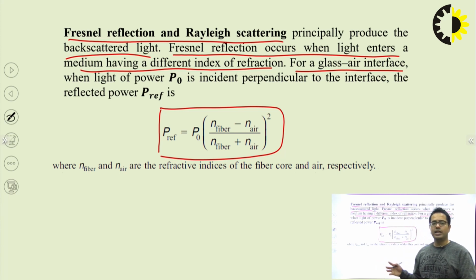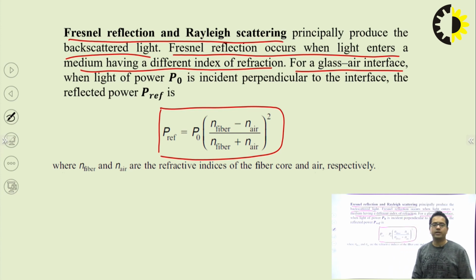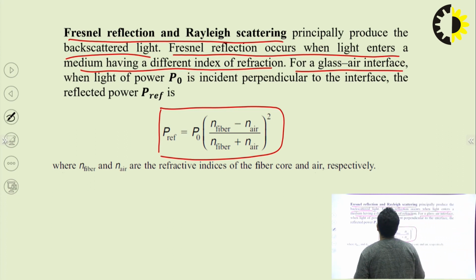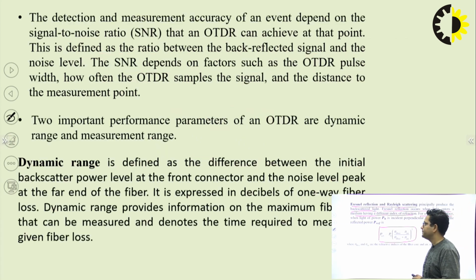If we are taking a fiber, then we have the refractive index of the fiber and the refractive index of air, which is 1. So it is n fiber minus 1 over n fiber plus 1, the whole squared, and multiplying it with the power of the light incident perpendicular to the interface, you get the reflected power. That is the amount of power that is getting reflected.